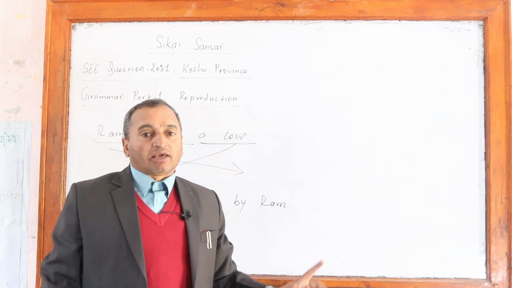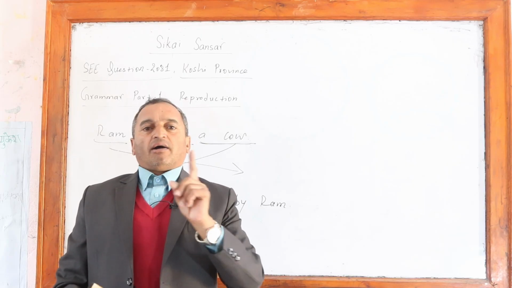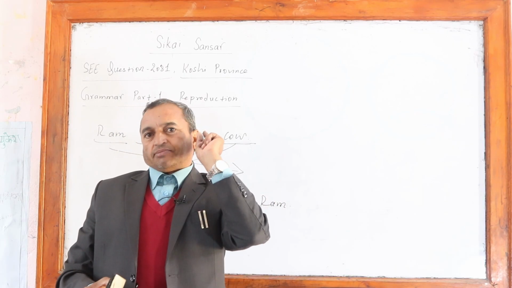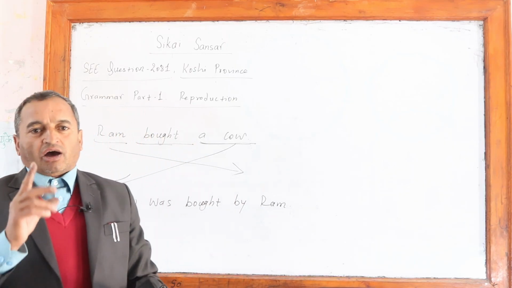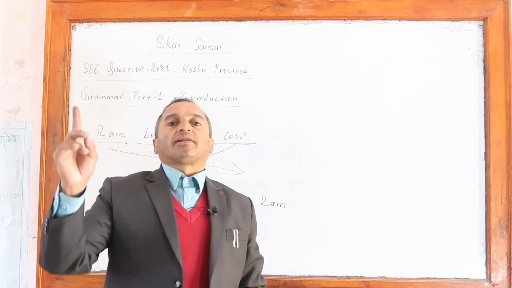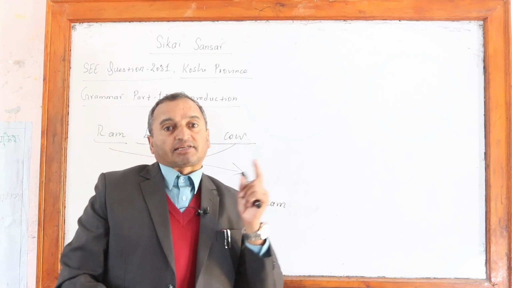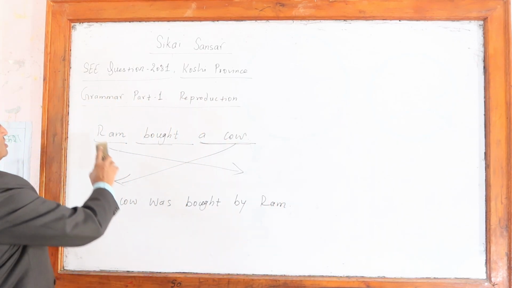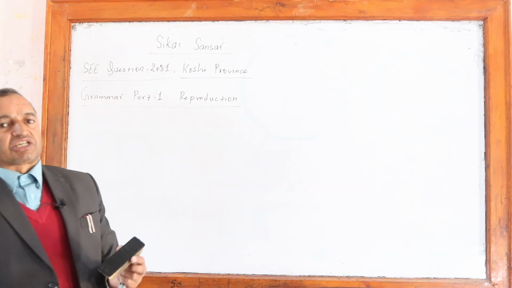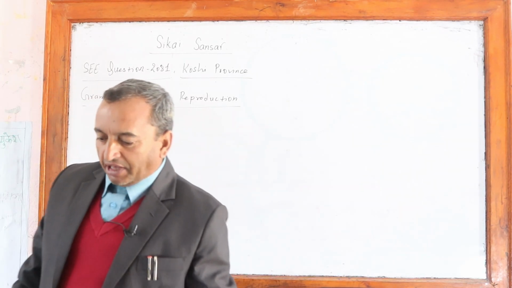I think now you are clear about that 5th question on passive. Now there is the last one of this reproduction part, perhaps about narration, direct speech and indirect speech. Let's go towards that last item now, number 6, the last for today's class.